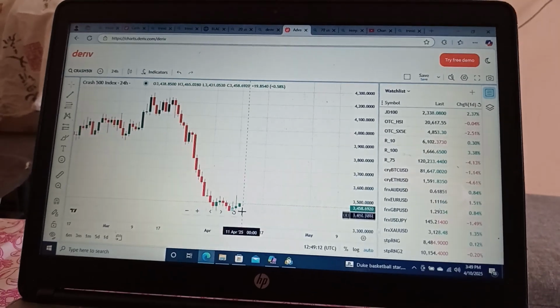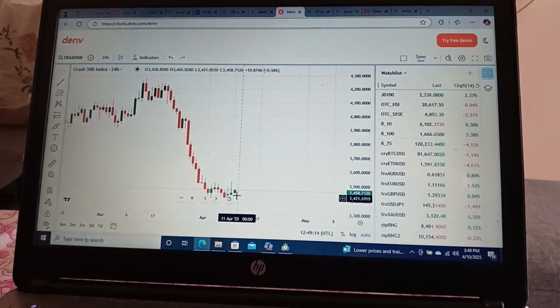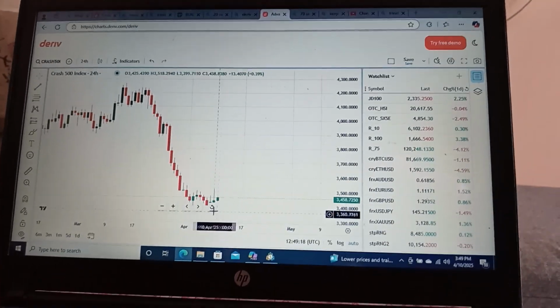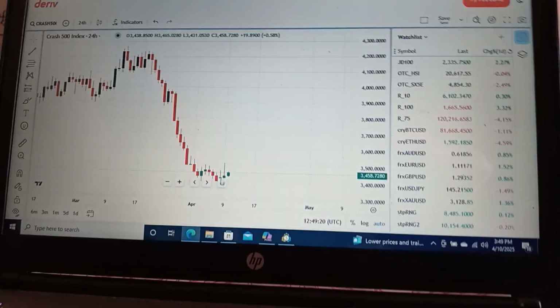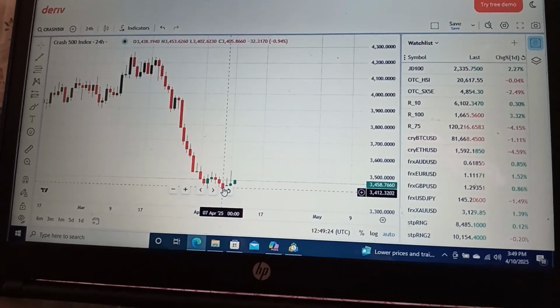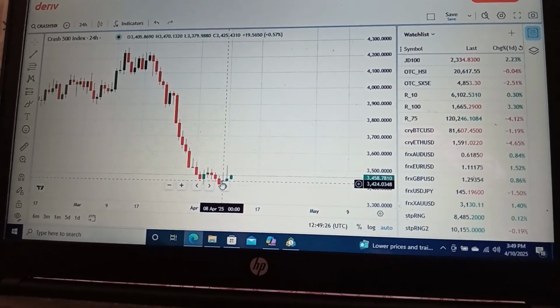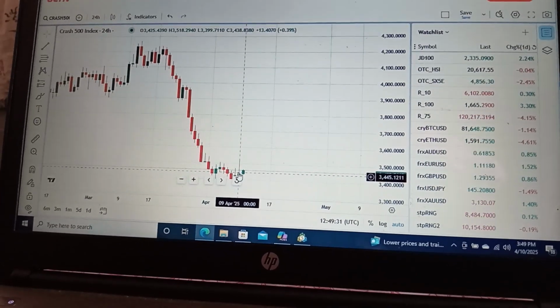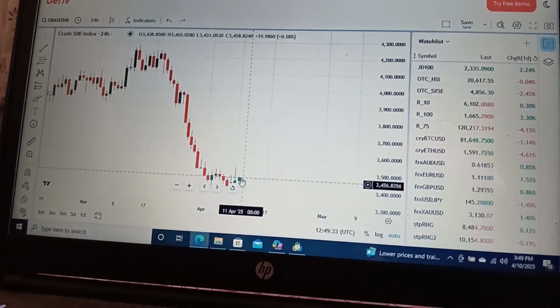As you can see here on a 24-hour time frame, we have been having three bullish candles. That is the first candle. That was for 8th April. This one was for 9th, and today is 10th.